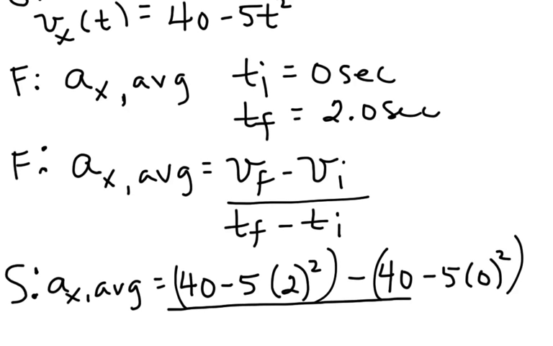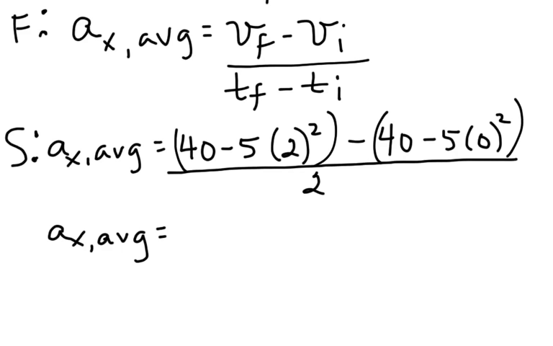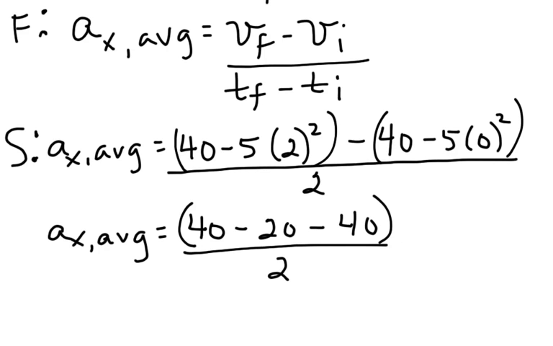This is going to all be over a change in time of 2 seconds. So my average acceleration is going to be 40 minus 20 minus 40 all over 2. And that is going to give me a negative 10 meters per second squared.